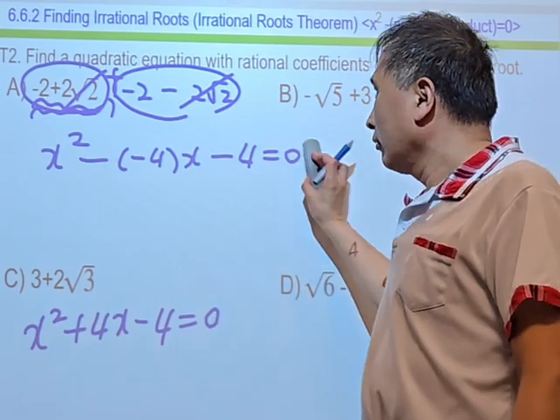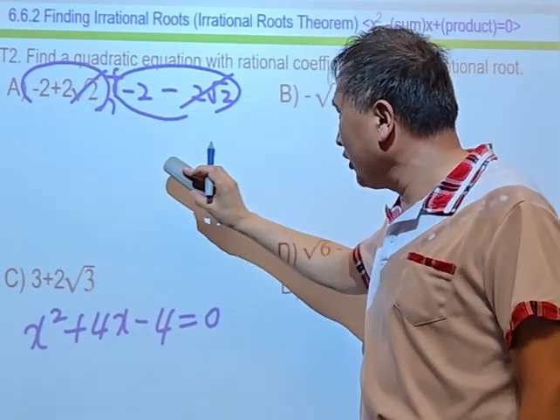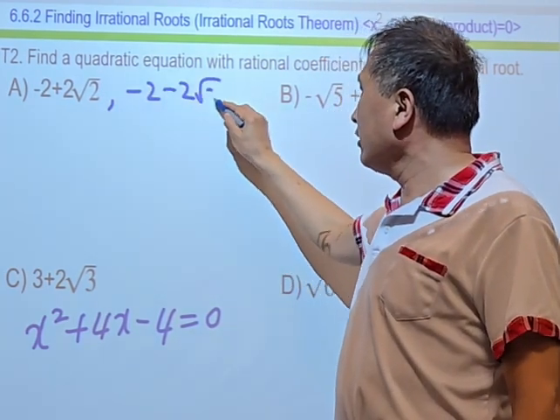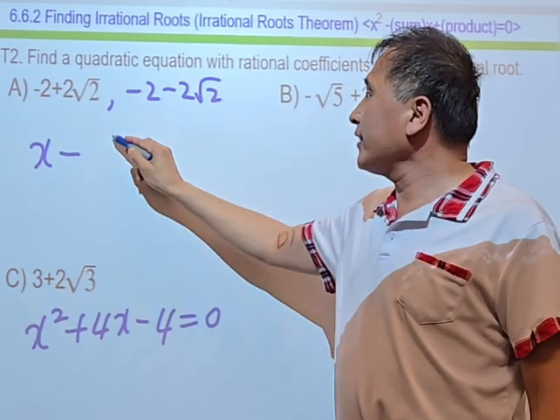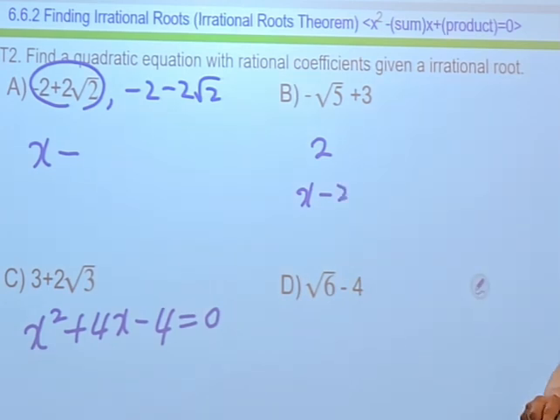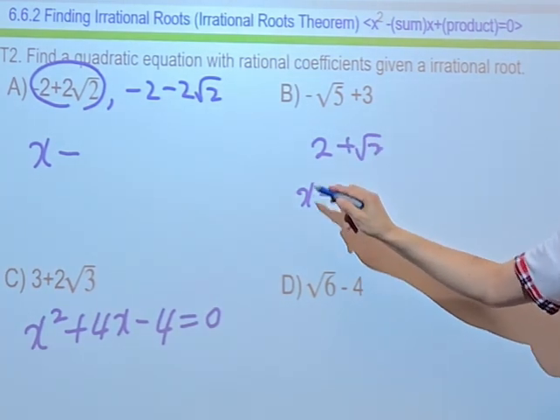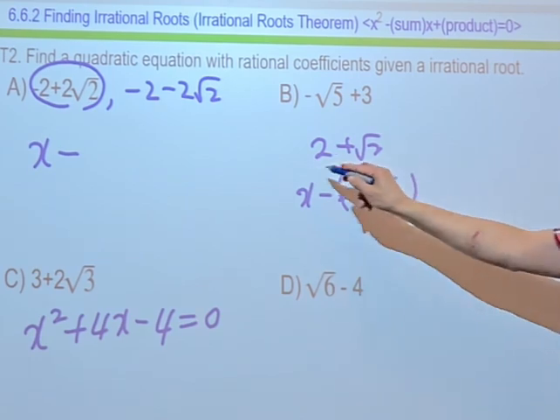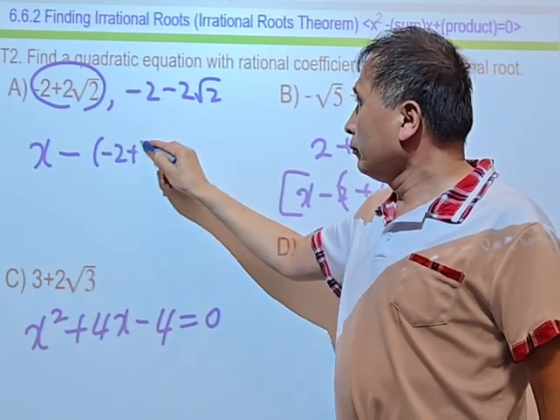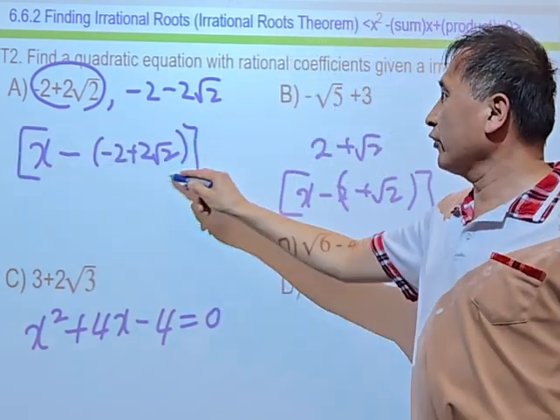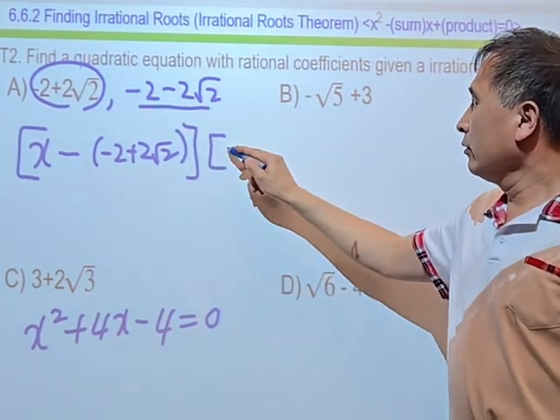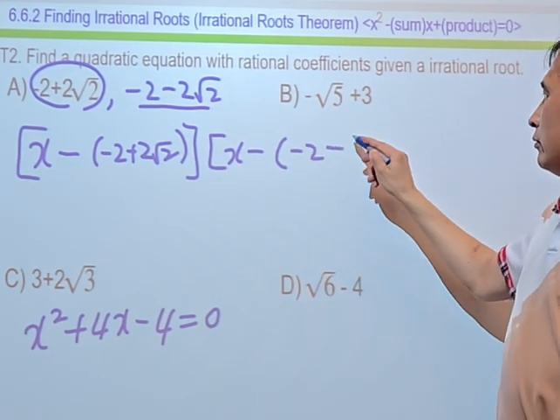But a lot of schools didn't teach this one. The reason: if this is a zero, minus 2 minus 2 root 2, and that's a zero, then x minus (minus 2 plus 2 root 2) is one factor, and x minus (minus 2 minus 2 root 2) is the other factor.